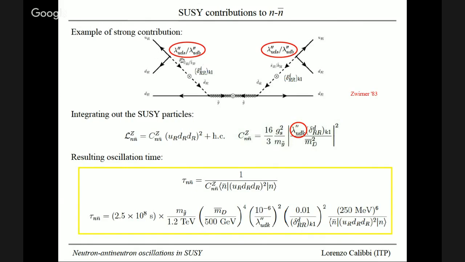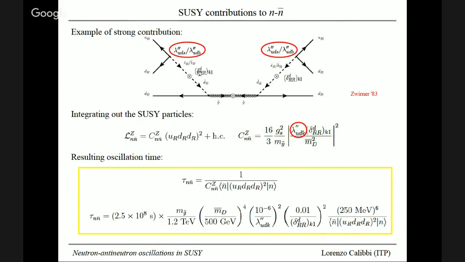So here, these are the two vertices that violate baryon number. And as I was mentioning, in order for this coupling to be non-vanishing, we require flavor changing. So the squark here must be either second or third generation, so a strange or bottom squark.